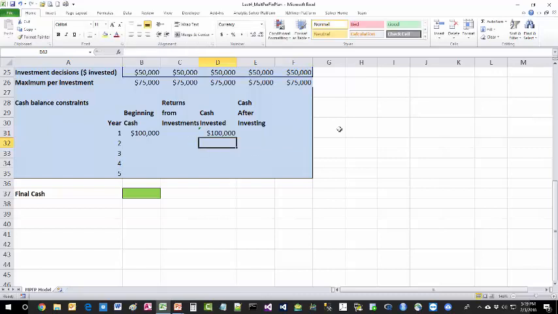So the cash after investment is the beginning cash, plus any returns from investments, which we know we don't have any here, and then minus the cash invested during the year. So that's the cash after investing, which in this case is 0.